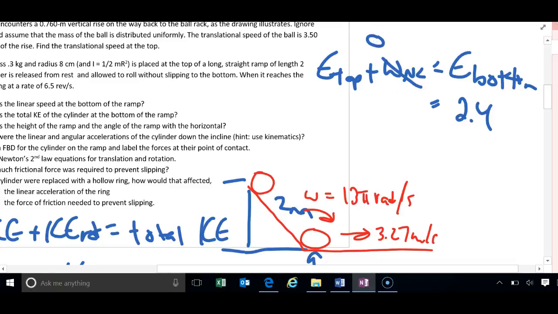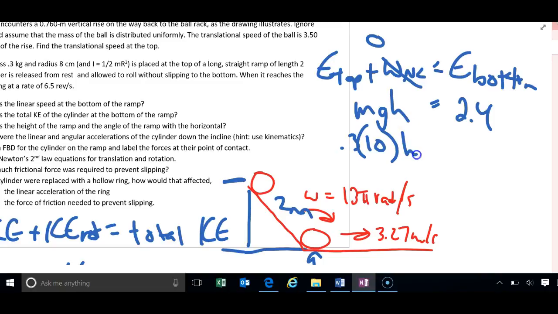And then what type of energy do I have at the top of the hill? Well, that is only potential energy, and potential energy is mgh. So mass is 0.3, g is 10, times the height equals 2.4. So I believe you have 2.4 divided by 3, and I get a height equals 0.8 meters.